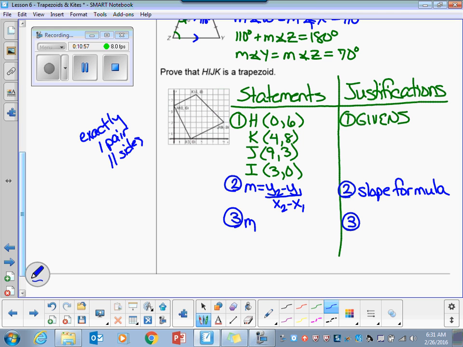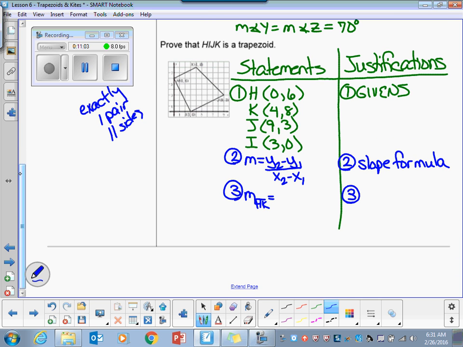So let's see, the slope of HK is going to be (8 minus 6) over (4 minus 0), it's 1/2. The slope of IJ is going to be (3 minus 0) over (9 minus 3), 3/6 is 1/2.